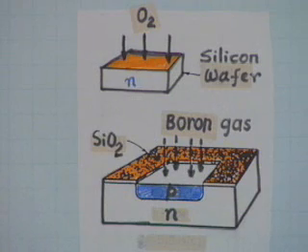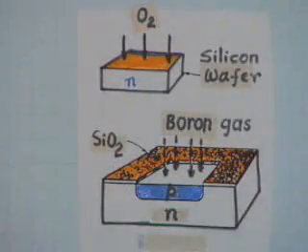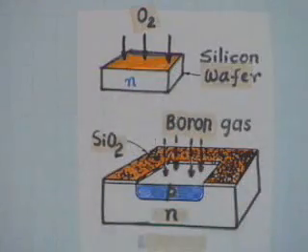How do you make an n-type material? Take an extrinsic silicon, bulk silicon, put it in a furnace and pass, let us say, phosphorus gas through it at a particular temperature for maybe 5 hours or 6 hours. Then what happens is the impurity atoms diffuse into silicon and makes this an n-type material.